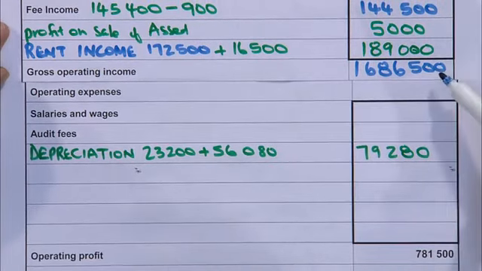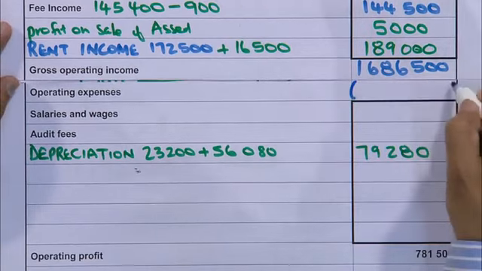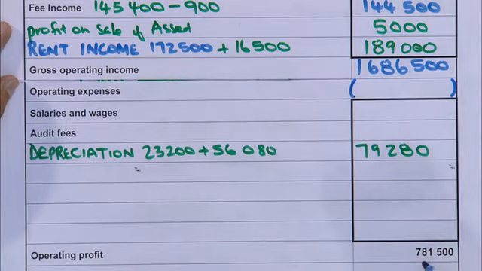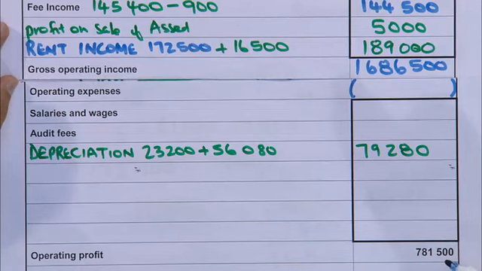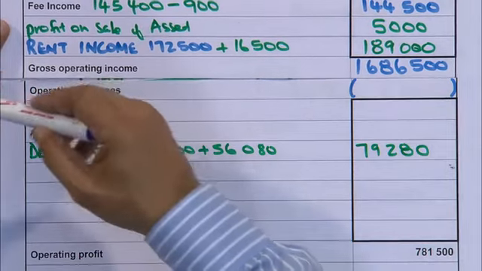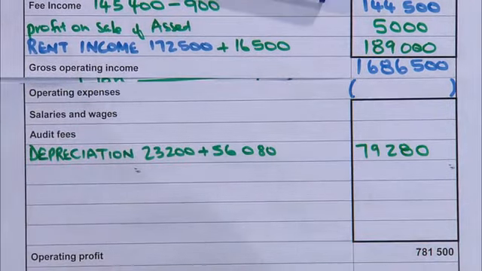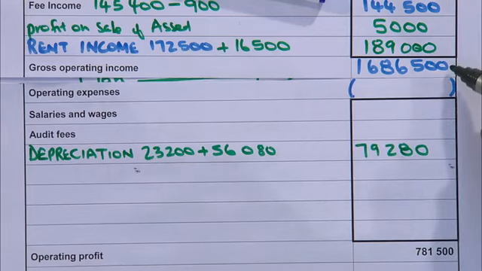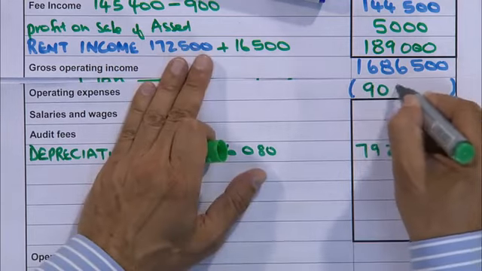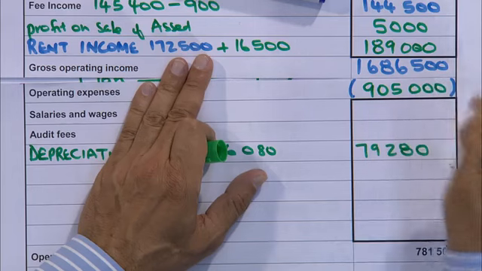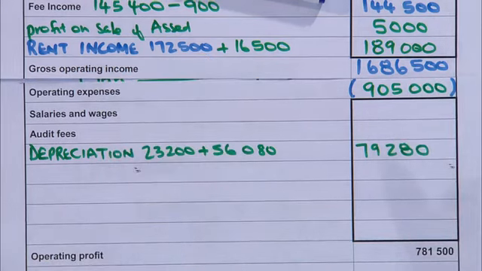So in other words, 1,686,500 minus this total over here will give me 781,500. So now we just do the opposite. We take the gross income minus the operating profit, and then we can get the total of the operating expenses. So if we do that, 1,686,500 minus 781,500, I will get 905,000. That will be the total of my operating expenses.